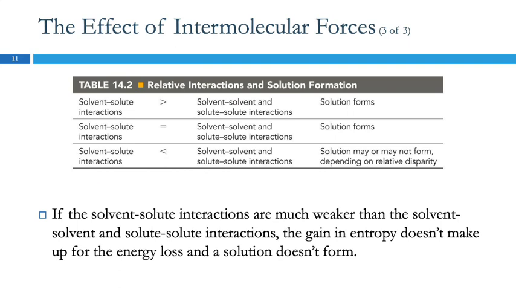So here, if the new interactions are weaker, that means this process of mixing is going to cause the energy to go up. And that's not something that spontaneously happens. But if entropy, that tendency of spreading, is great enough, that can overcome the fact that the energy is higher.